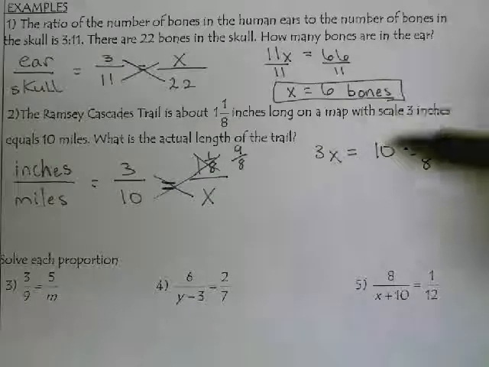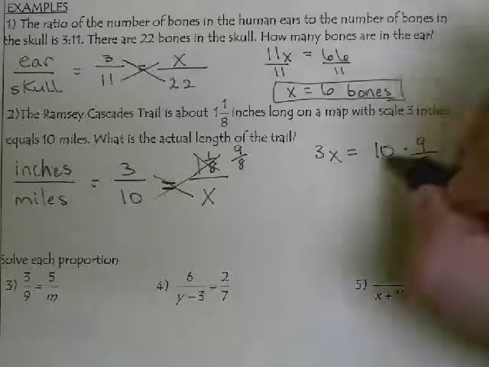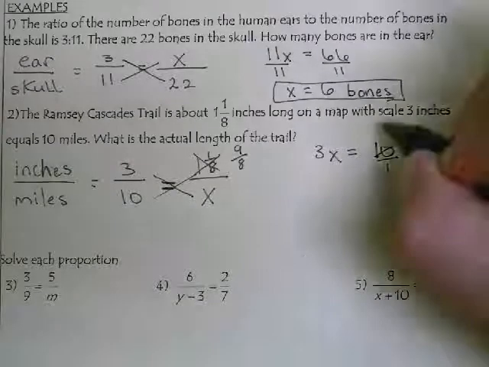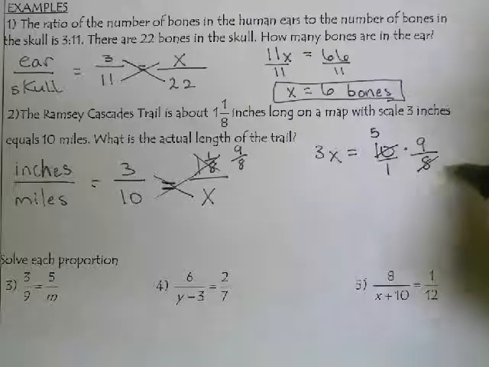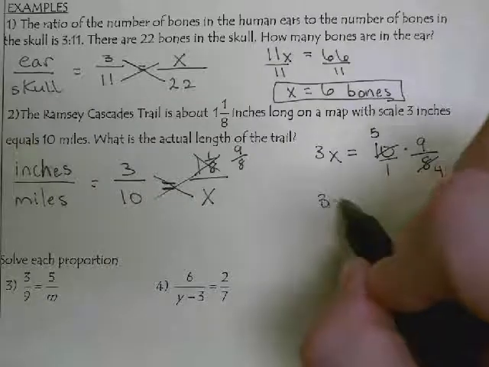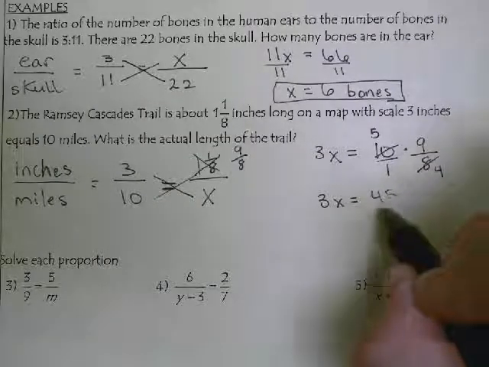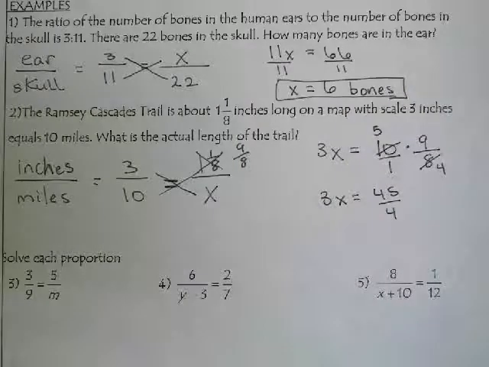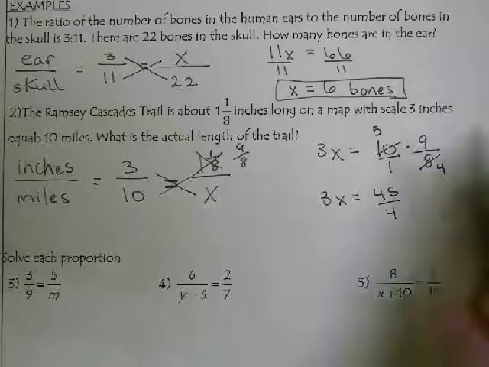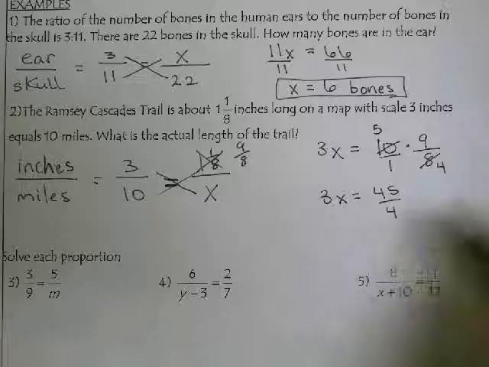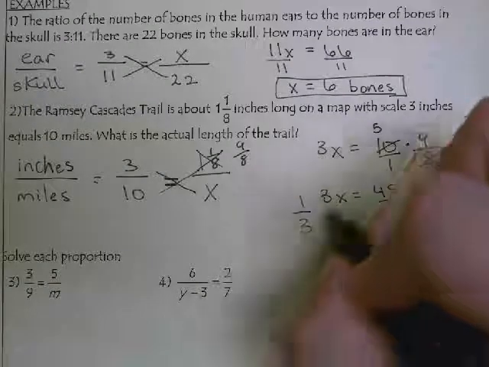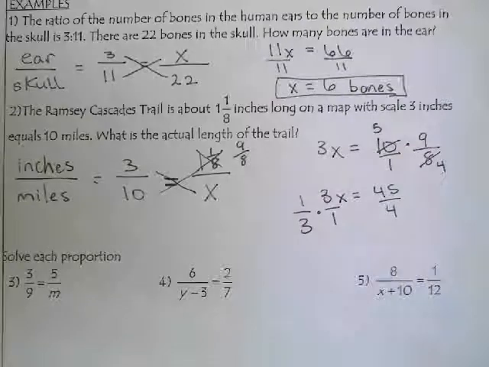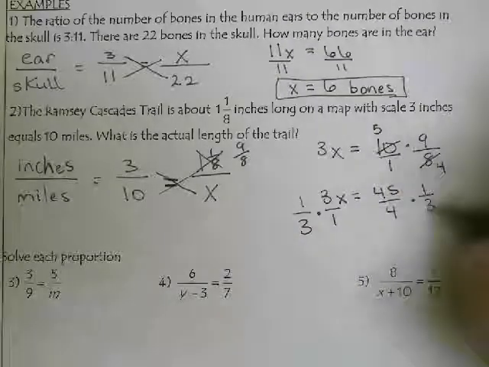So we'll simplify the 10 times 9/8. We have 10 over 1. I'll do some cross canceling, cross reducing. 10 becomes 5, 8 becomes 4. We have 3x is equal to 45 over 4. Now since I have a fraction on this side, instead of dividing by 3, let's multiply both sides by 1/3, the reciprocal of 3.